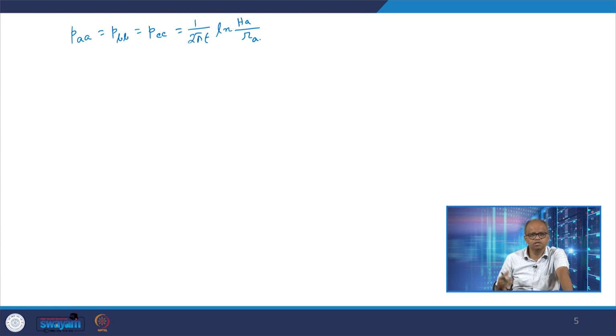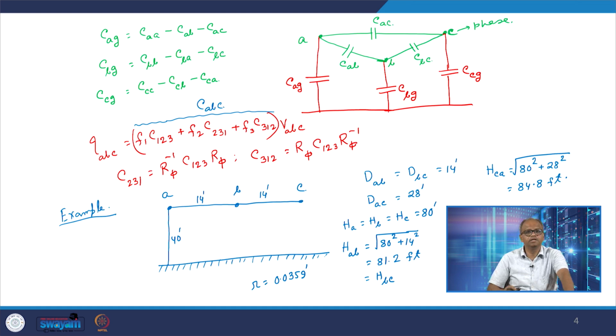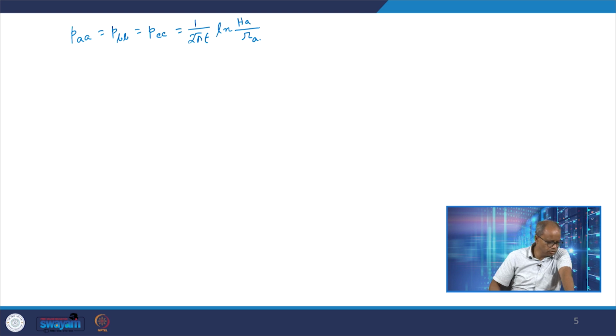But because HA, HB and HC are equal and RA, RB and RC are equal, as all these conductors have been assumed to be of identical radius, they will be all equal to each other. And epsilon, I know, is 1 by 36 pi into 10 to the power 9.